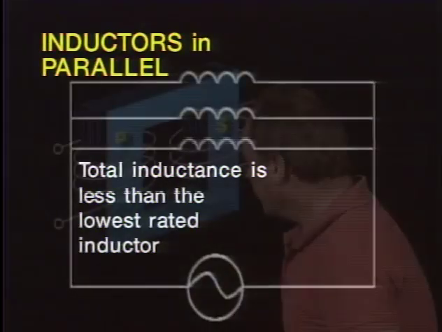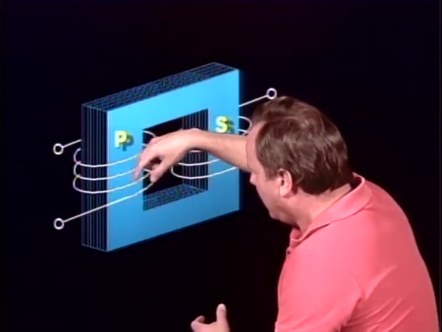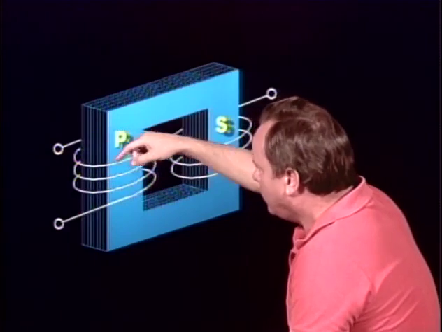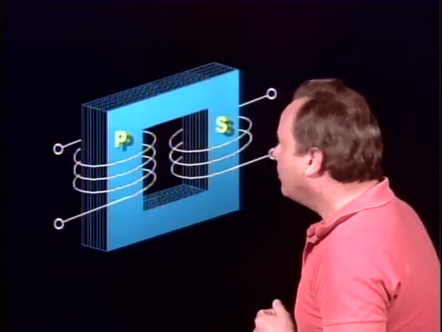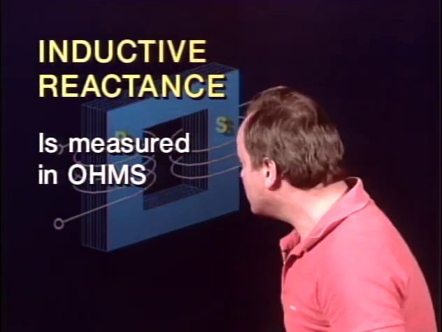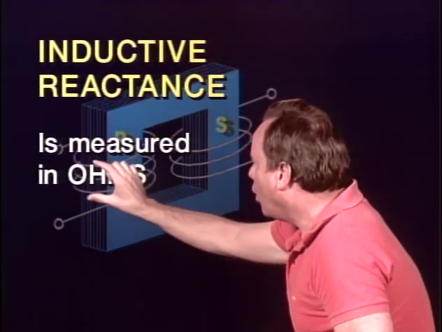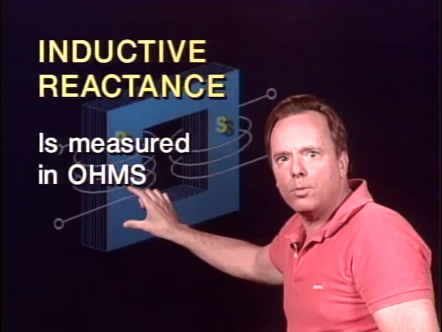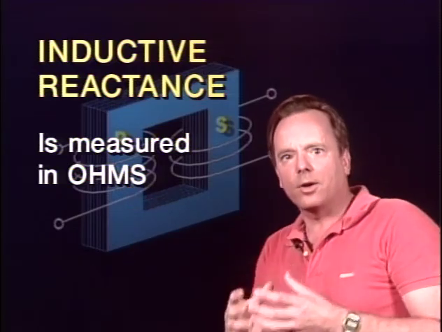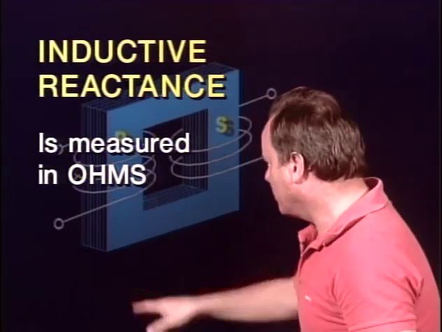Now, we said earlier, anytime you have inductance, a coil of wire, it tends to impede the flow of current. What's that called? Well, that is called inductive reactance. Let's take a look at the words for that. That's called inductive reactance, and it's measured in ohms. Why is it measured in ohms? Because it slows down the current, it impedes the flow of current just the way resistance does.